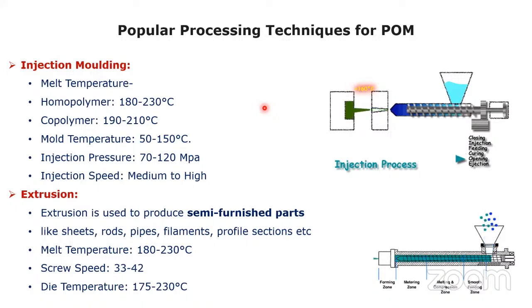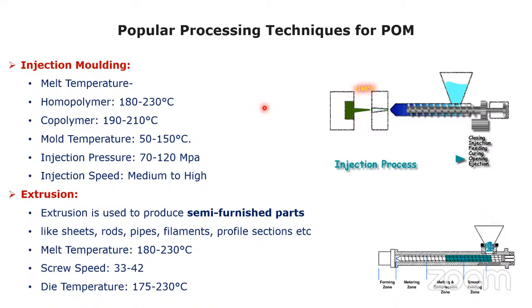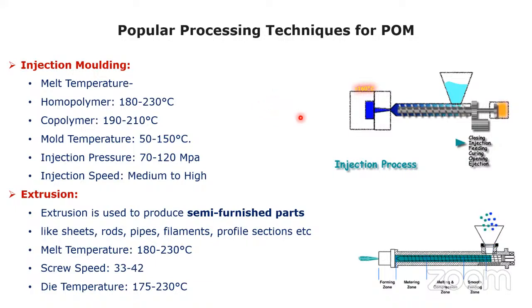It will not generally form film-type material. In the case of blow molding, what is the requirement? The material should have some flexibility. But in the case of polyoxymethylene, flexibility is less. Okay, got it.